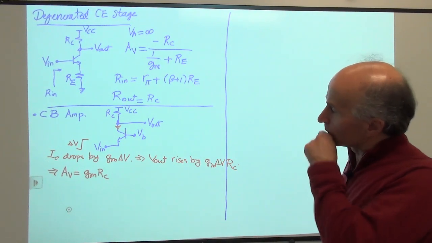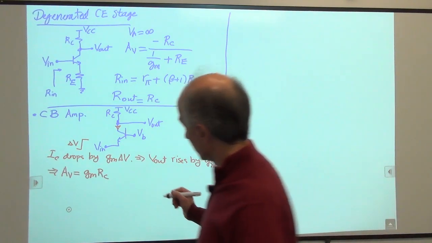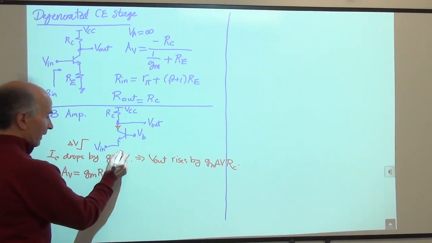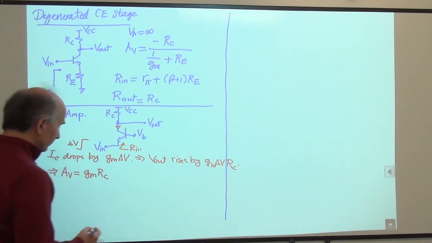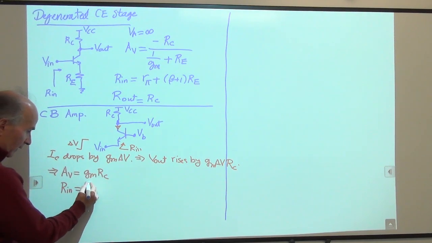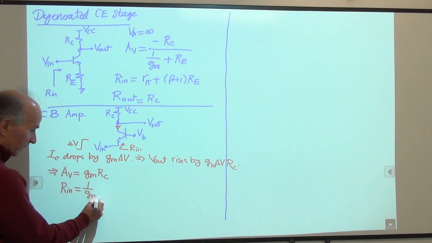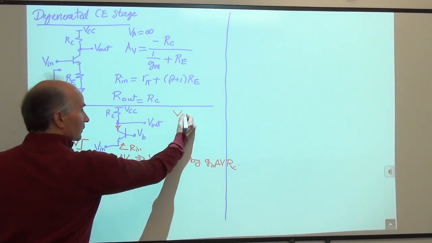We also would like to find the input resistance of the circuit. The input resistance is obtained by sitting here and looking into the emitter. And we know from 115A that Rin is equal to 1 over GM. By the way, again here we are assuming that the early voltage is infinite.